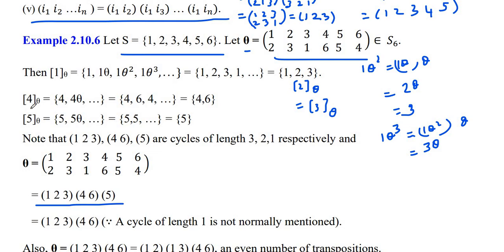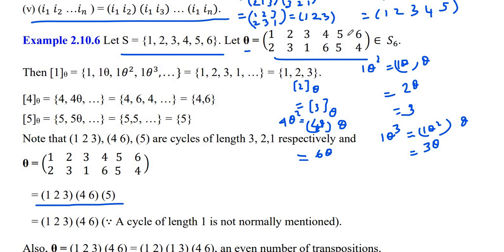Next, coming to the orbit of 4 under θ. 4 is 4θ⁰, that is the identity mapping, so you have that to be 4 only. The image of 4 under θ is 6. And 4θ², when we compute, is the image of 4θ under θ. So 4θ is 6, so 6θ is what you have.